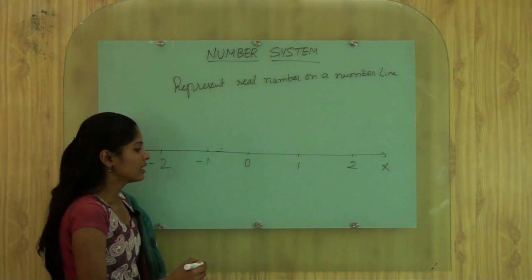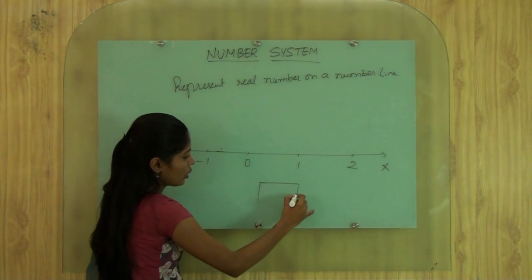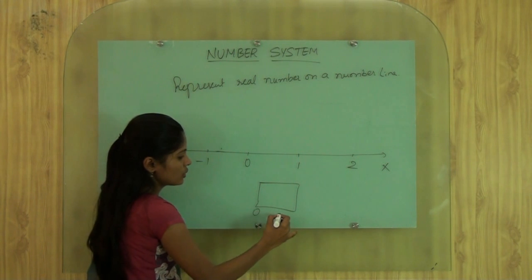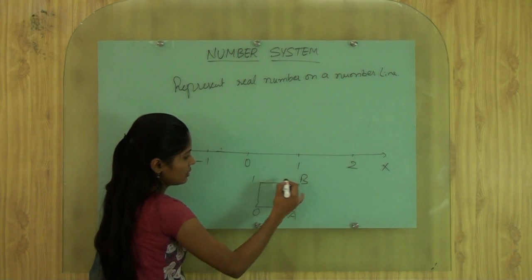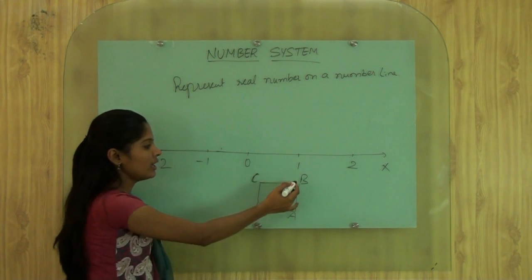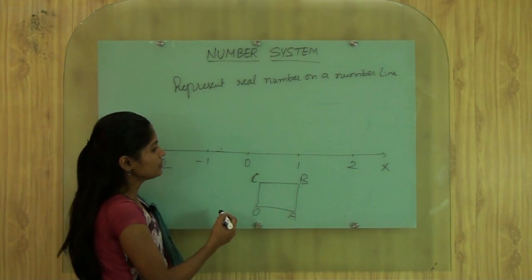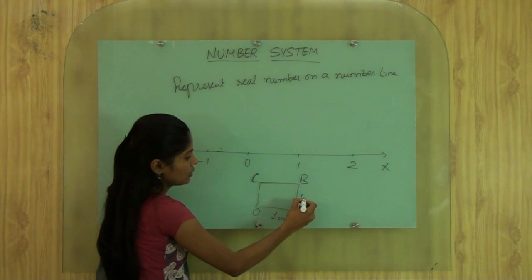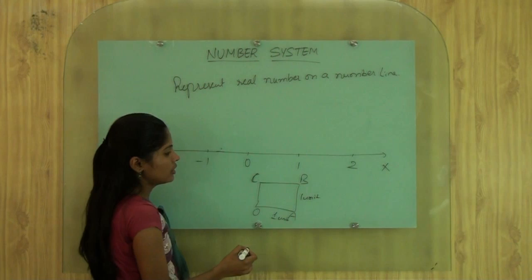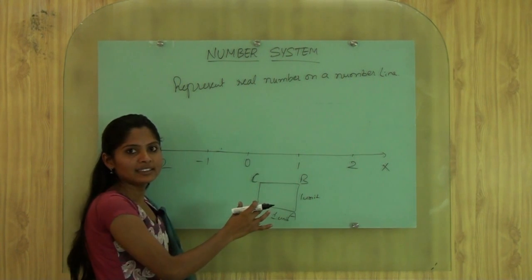Now consider a square of 1 unit, that is OABC. Now this is a square of 1 unit, so we can place it on a number line.